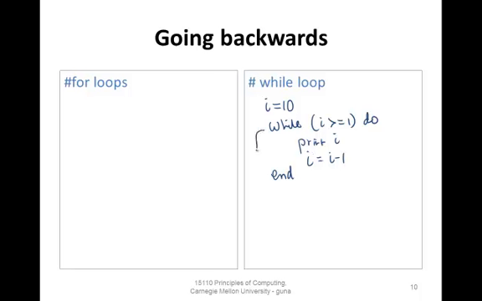Now if you trace this code, you will notice that you start with I equals 10, and then you print it, and then I becomes 9. And you go back to the while loop and check: 9 is greater than or equal to 1 is true. So you print it, and then you decrement it by 1. And you keep doing it until you get to 2 and 1. You print all of those things.